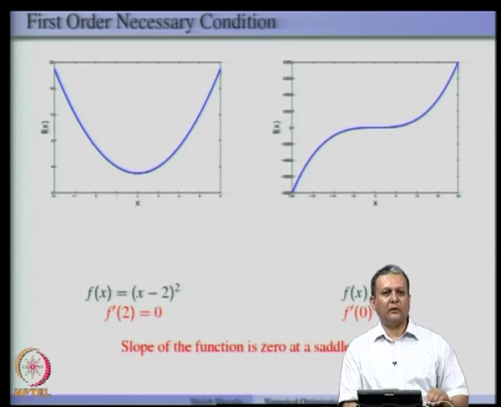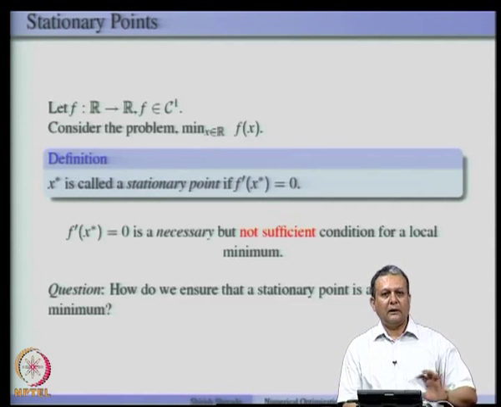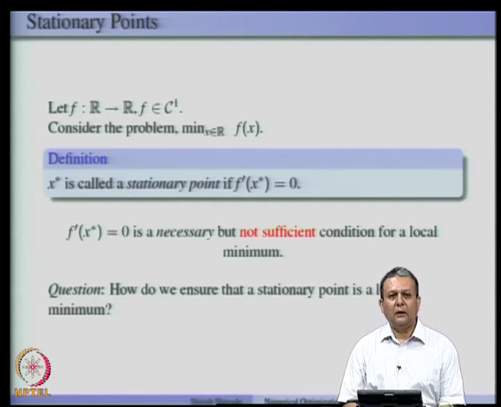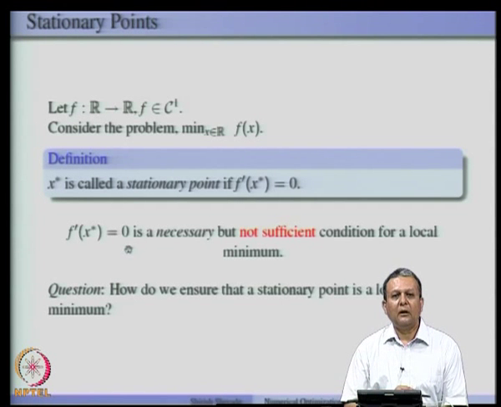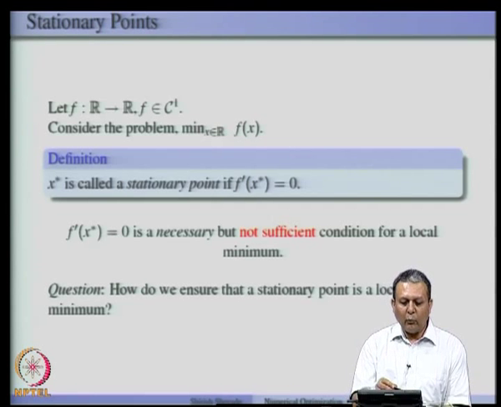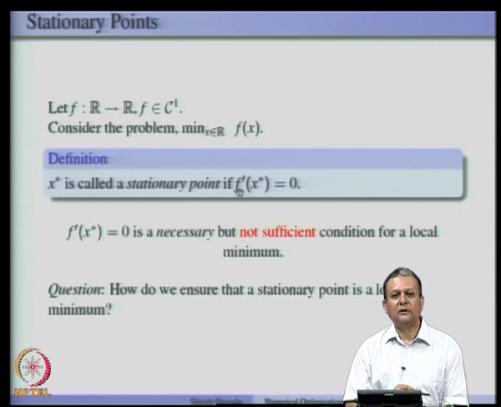So, we need some extra information, and as I said, f dash x equal to 0 is just a necessary condition for a local minimum, but not a sufficient condition. If we collect all points for which f dash x star equal to 0, such points are called stationary points.